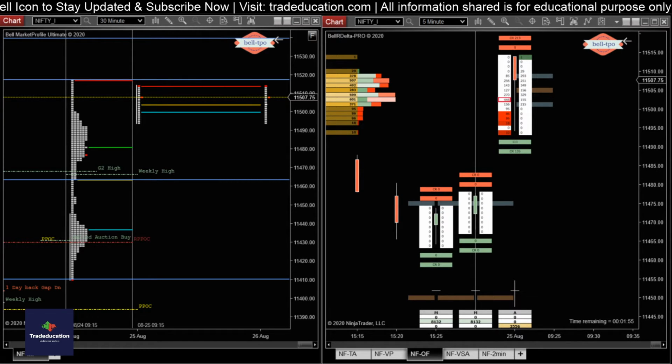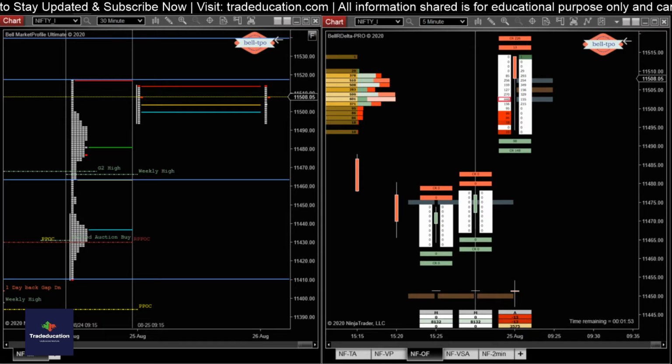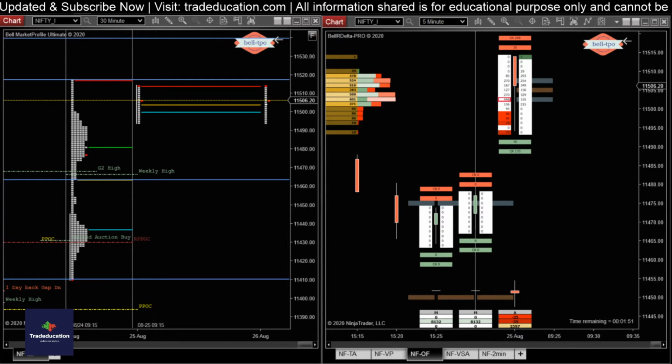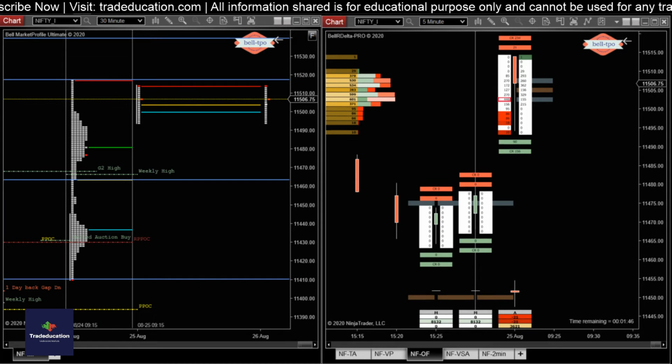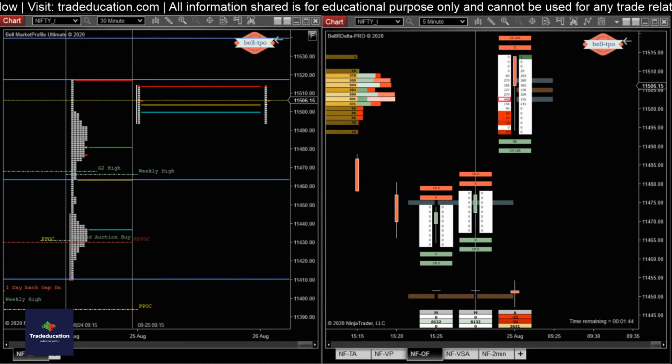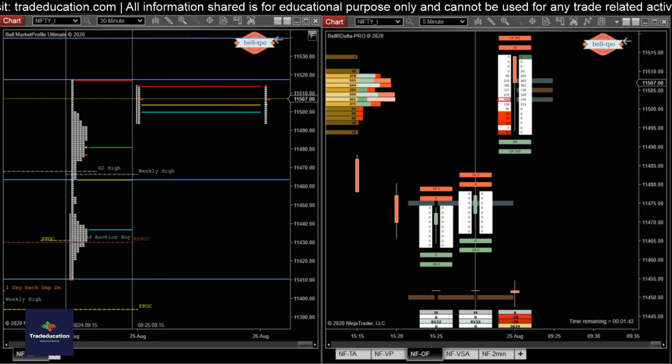Okay, so VWAP level is still intact. There's still 1 minute to go. No clarity yet. From the trade perspective, that's the clarity I meant.